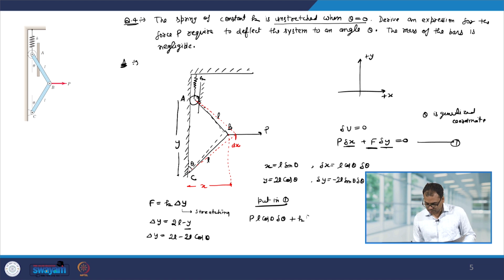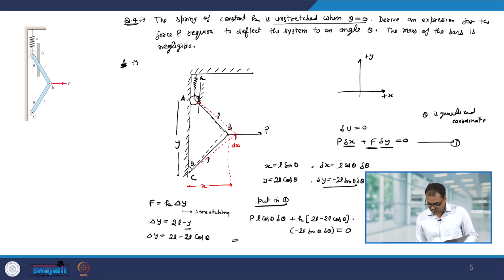So, k times delta y is (2L minus 2L cos theta) into small delta y, and this delta y is minus 2L sin theta delta theta, equal to 0.